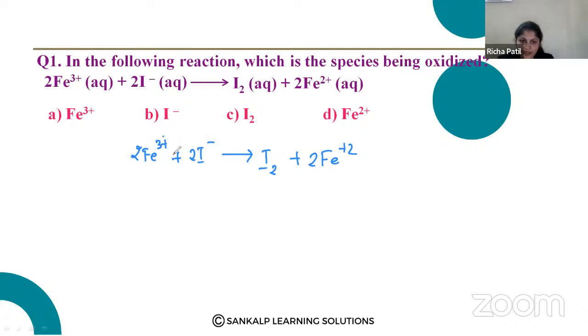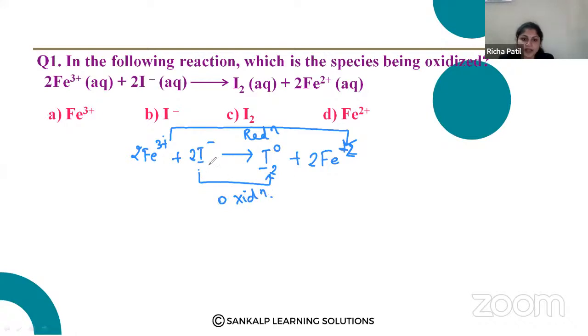Fe goes from +3 to +2, so there is a decrease in oxidation number, which is reduction. And iodine goes from -1 to 0, so this is oxidation.